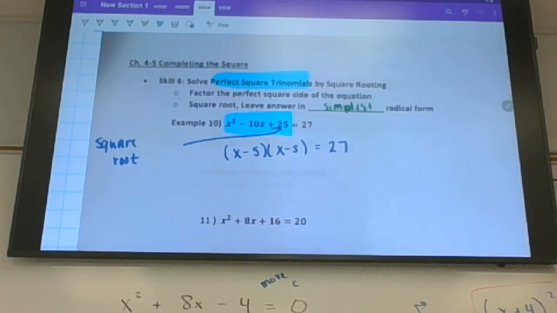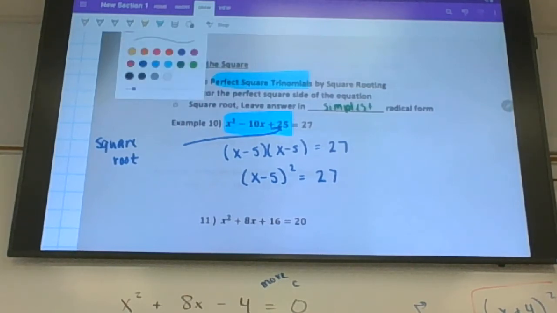Alright, so I showed you this a moment ago. If you have the same binomial, you can rewrite it as a binomial square. Instead of having it twice, write it once and put a little exponent on the outside. And now you're gonna start solving it. So square root both sides.